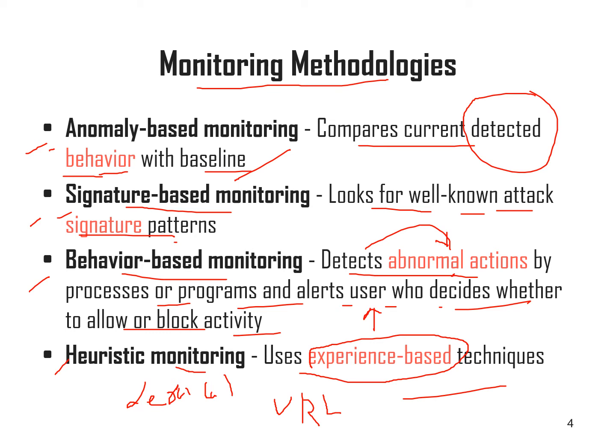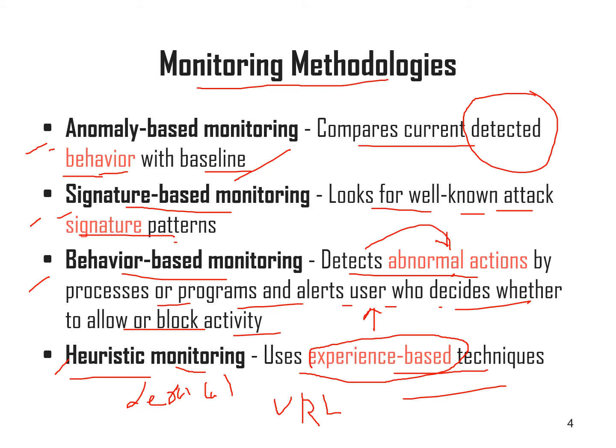Based upon these attributes and parameters, we can detect whether that link is malicious or not. That is called experience-based techniques. It has to learn by itself so that it can detect whether a link is malicious or not. That is heuristic monitoring.